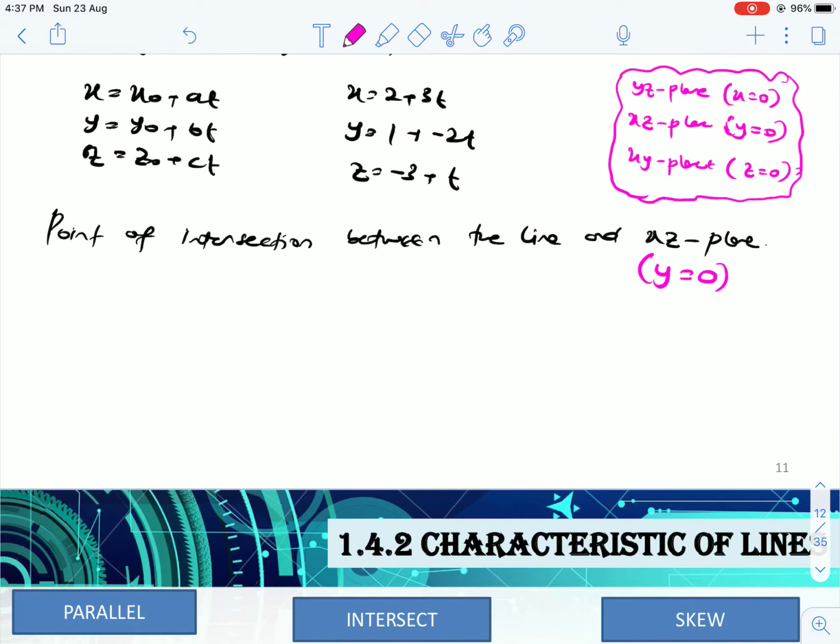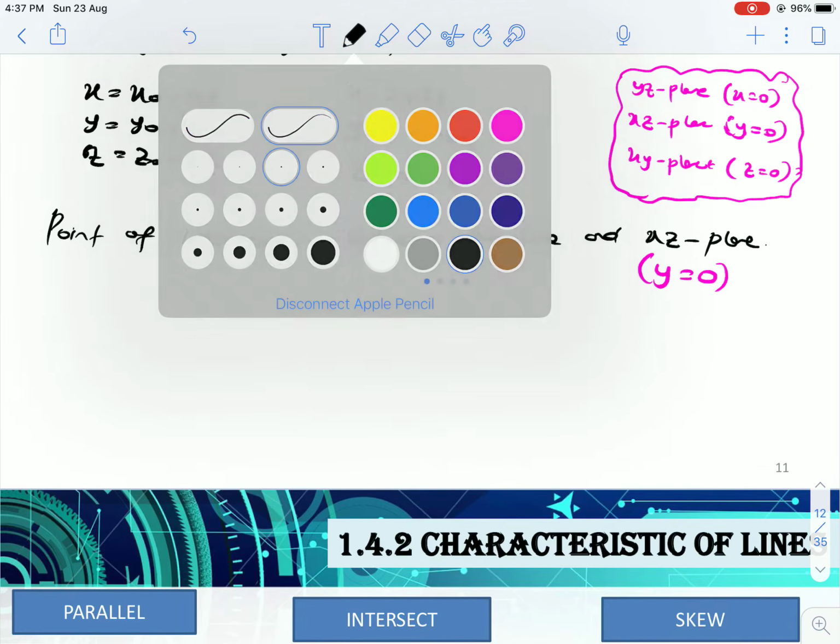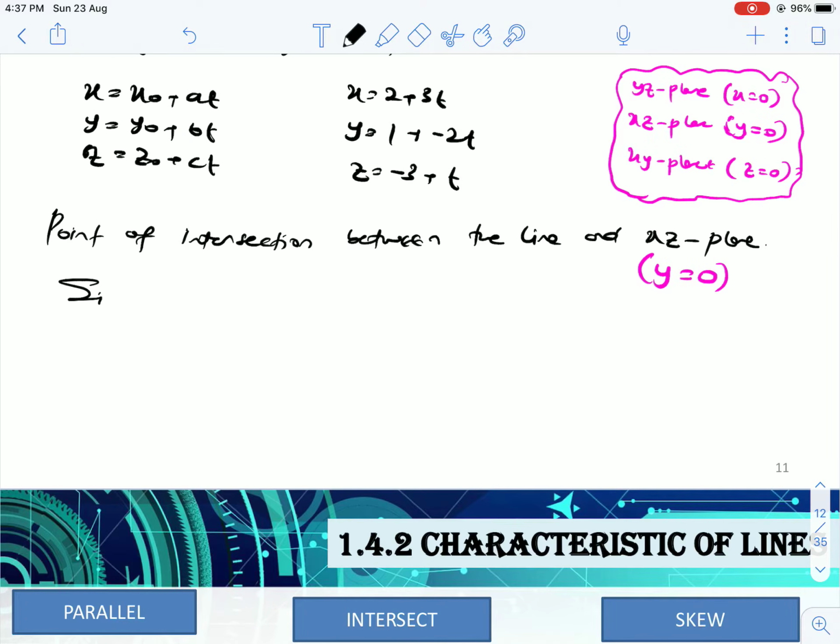So what we should do next is, since y equals 0, from the equation of the line, y equals 1 minus 2t.